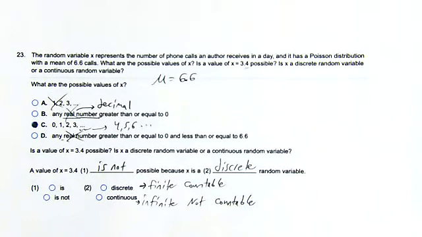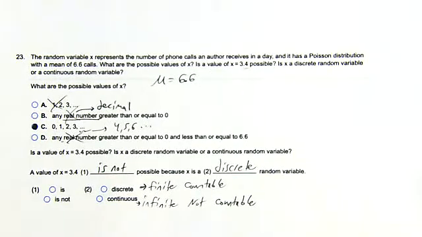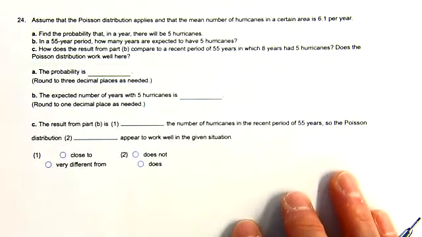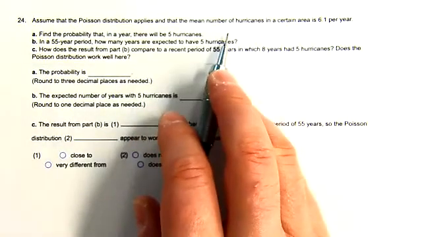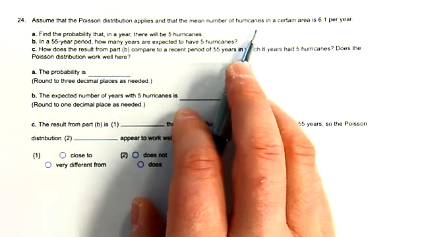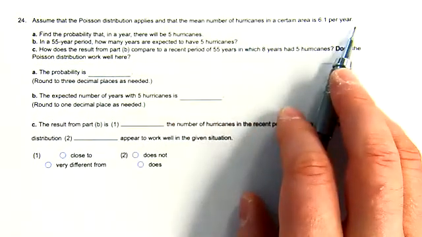All right, 24 I think is going to have us actually use this equation, so we'll see how it works. Assume Poisson. Okay, so number of hurricanes. So this is again one where it's kind of a natural disaster, which are rare. Certain areas 6.1 per year.